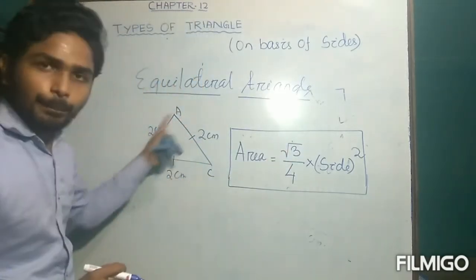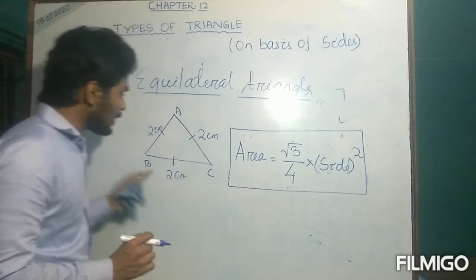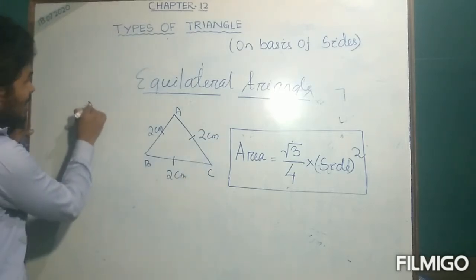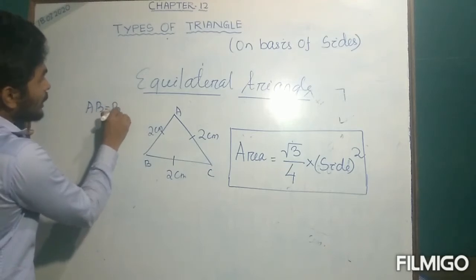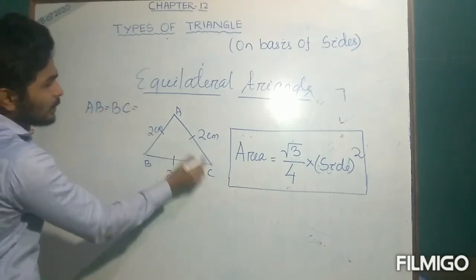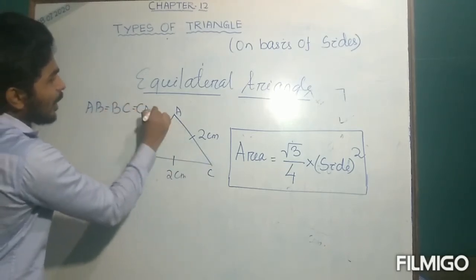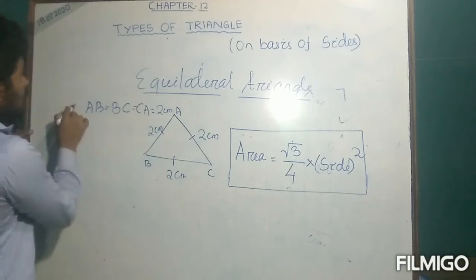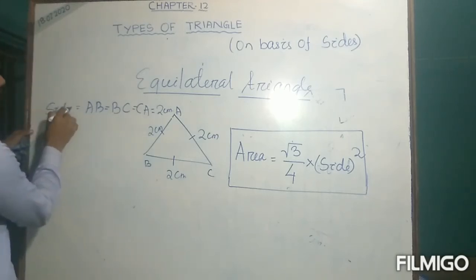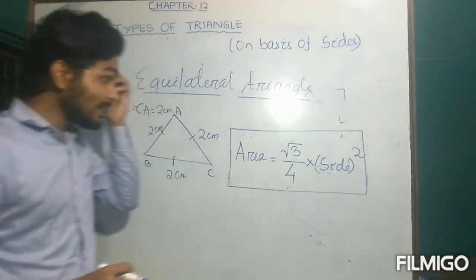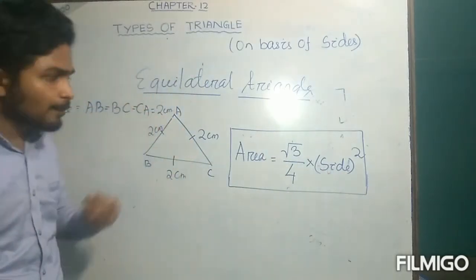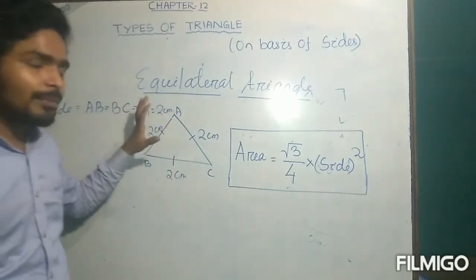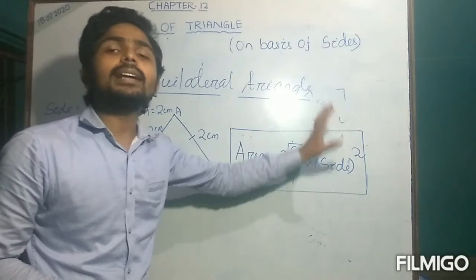Suppose this is the problem, and here since it is an equilateral triangle, you can take AB is equal to BC is equal to CA is equal to how much? 2 cm. So this is the side. Now we need to find its area. As you know, the area of an equilateral triangle is root 3 by 4 into side square.